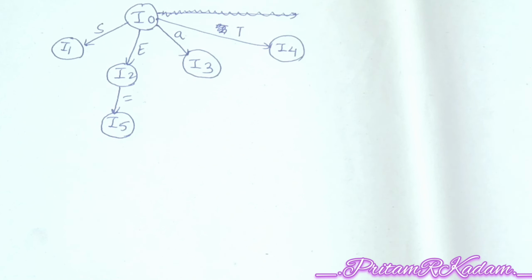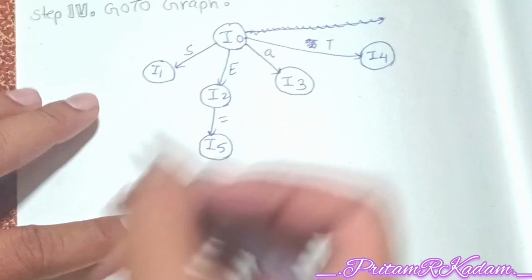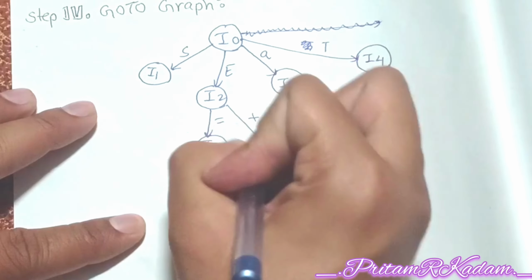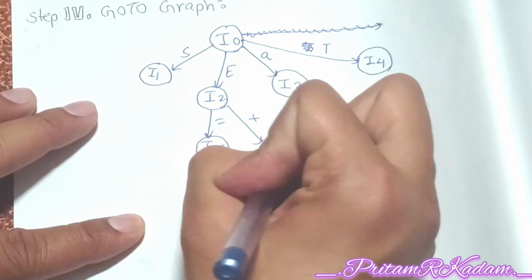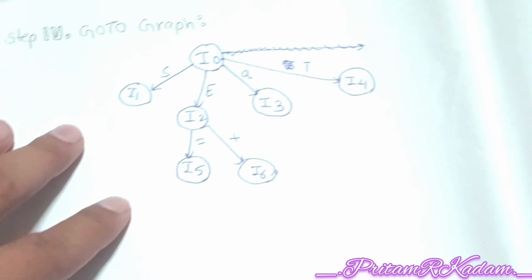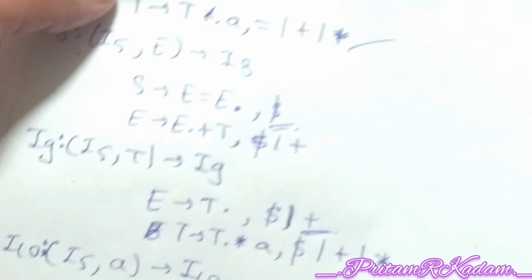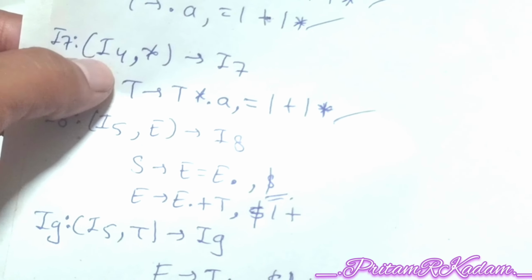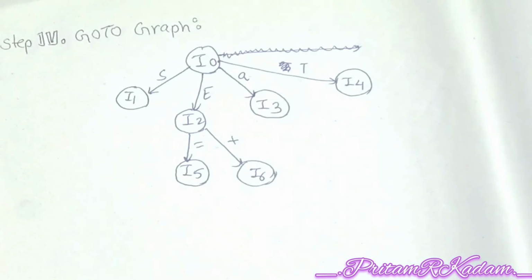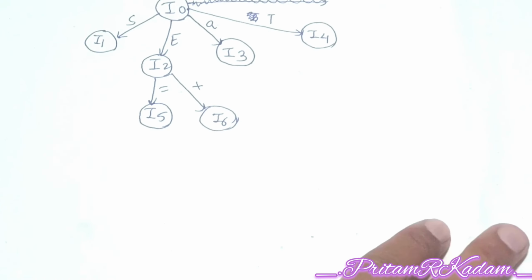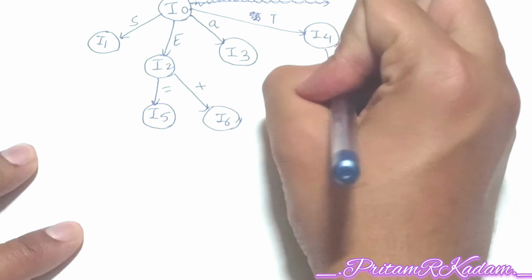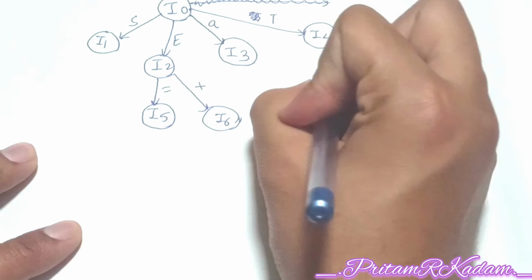Now for the next production, source is I2, plus on the arrow, and destination as I6. So let us make plus on the arrow and I6 as the destination. Now we'll proceed to the next state. We have I7 when we passed star on I4. So star on I4, we got the destination as I7.